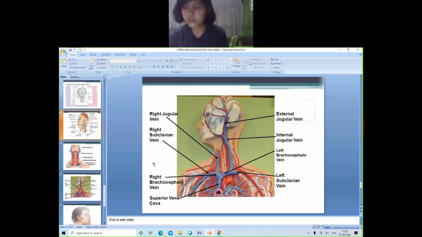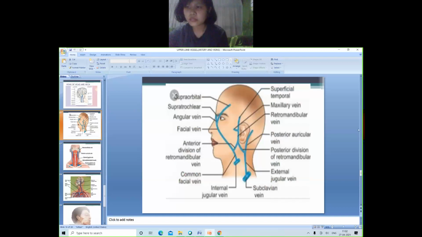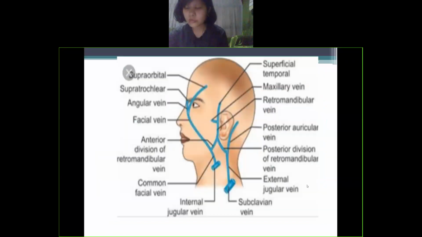Okay, Ilashra, can you tell me about this superficial temporal vein? In which gland does the superficial temporal vein enter? I have mentioned one gland, parotid, right? Parotid gland. Okay.